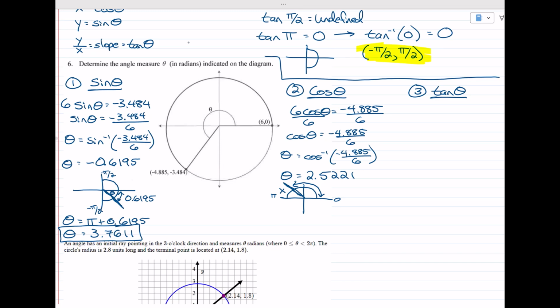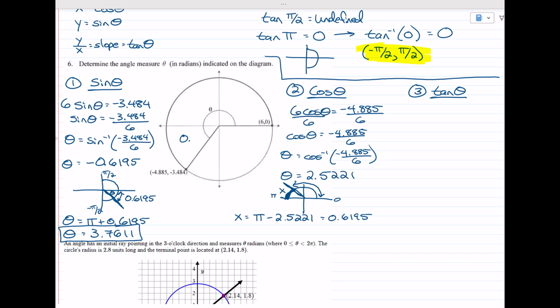The way we get that is we do pi minus 2.5221, and that's 0.6195. That's what this missing piece is right here. We want to add that missing piece to pi radians.